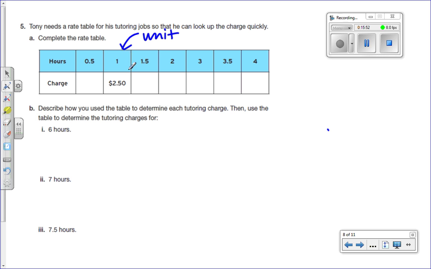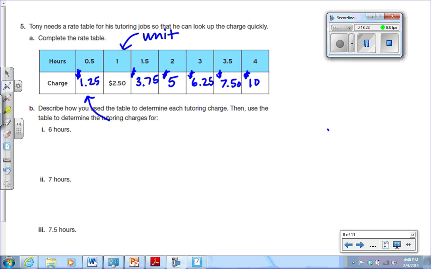So $2.50 times 1.5 gives you 3.75. There's only one problem on here that you're going to have to scale down because you're going from 1 to 1/2. So you're taking half of this. You would take $2.50, and half of that is $1.25. I'm going to give you some time to finish this table, come back and check yourself.